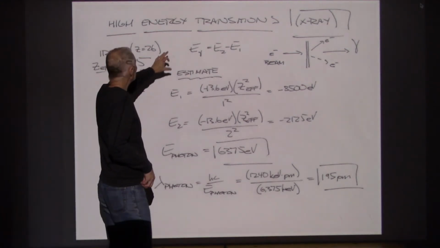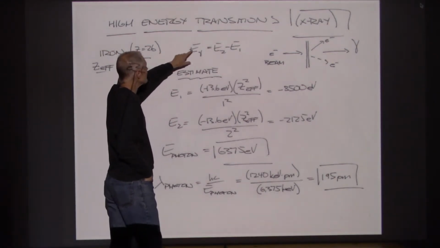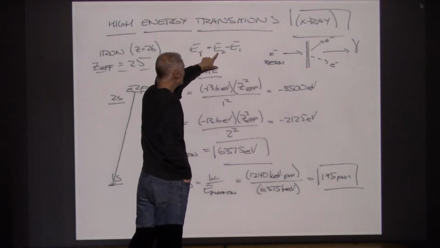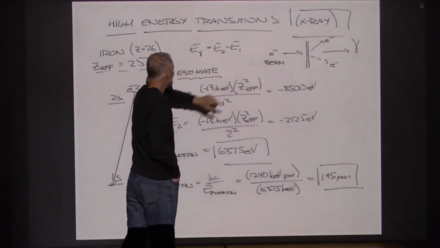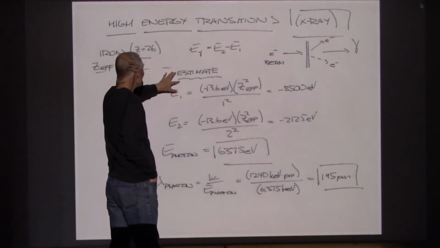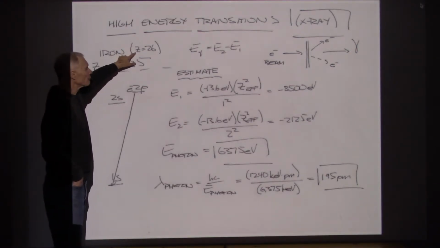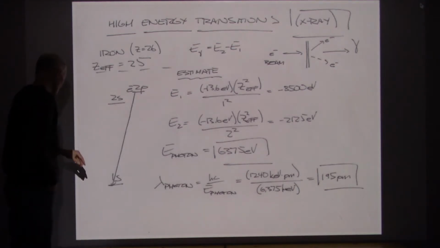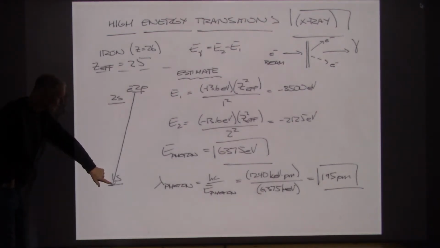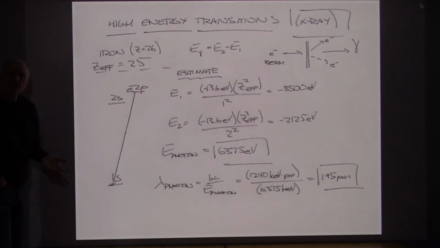And in these high energy transitions, the energy of the photon is the energy of state 1 minus the energy of state 2. Now, as an estimate, what we can do is this. We can say iron is element number 26, but for an electron dropping into a 1s state, there would have to be a vacancy.